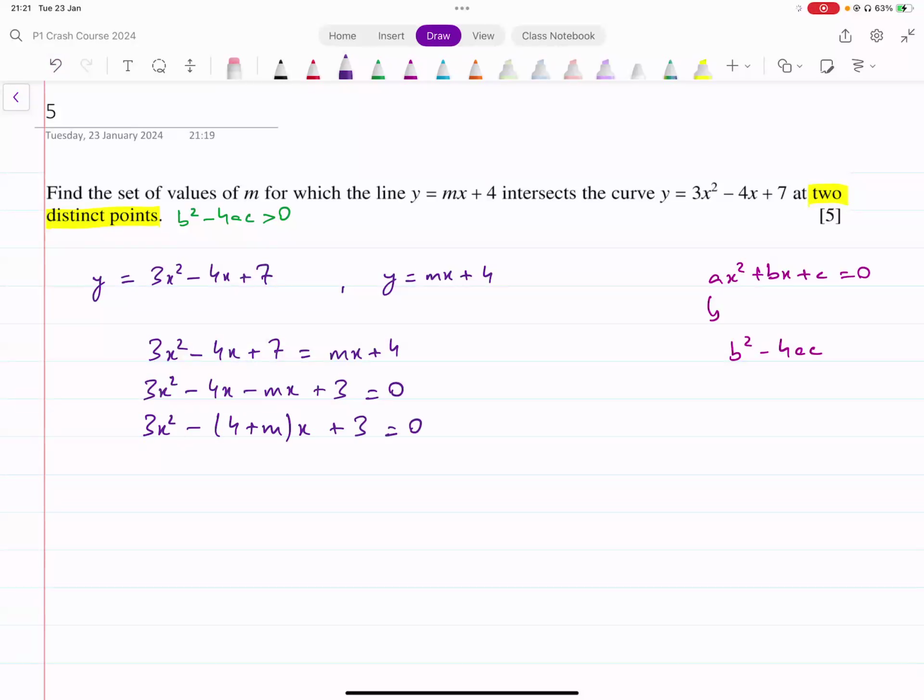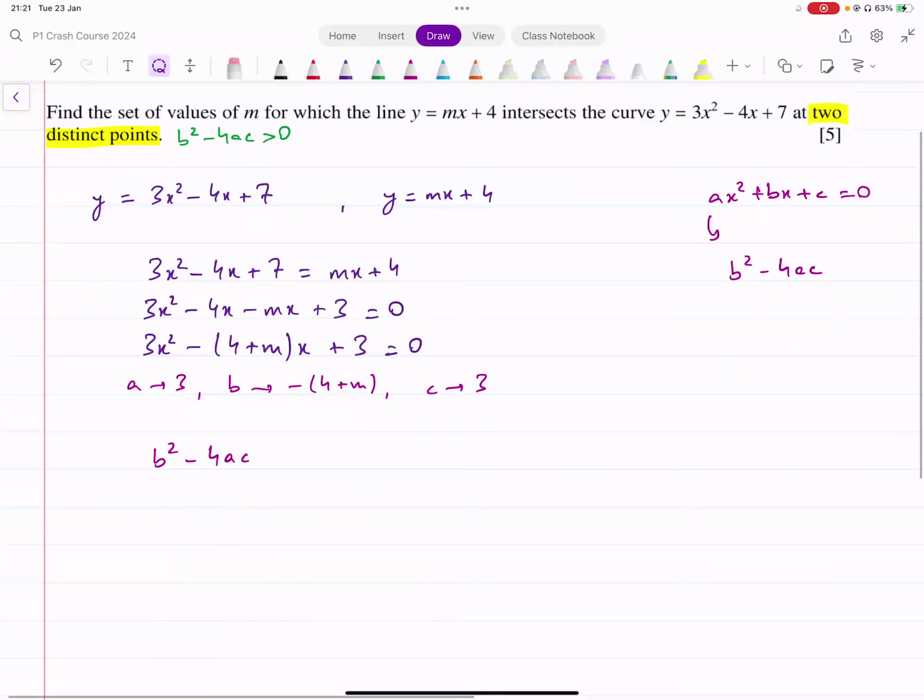Now let's find b squared minus 4ac from this. A is going to be 3. B is going to be minus (4 plus m). And c is going to be 3. These are the 3 values that we have to input here.